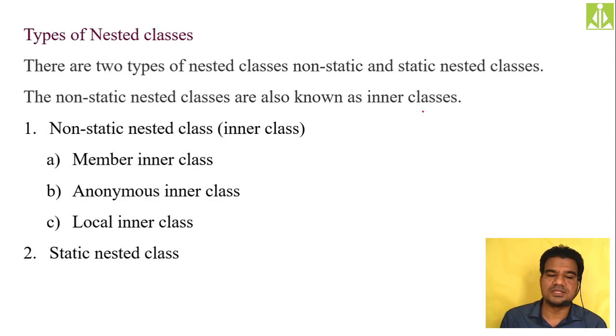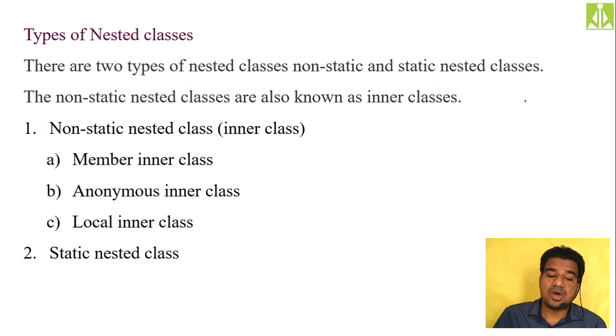Over here you can see the types of nested classes. There are two types: non-static nested classes and static nested classes. The non-static nested classes we call inner classes, and the static nested classes we call nested classes only.